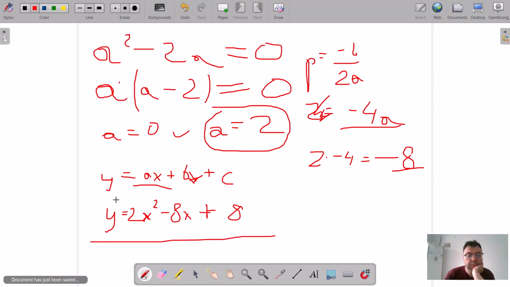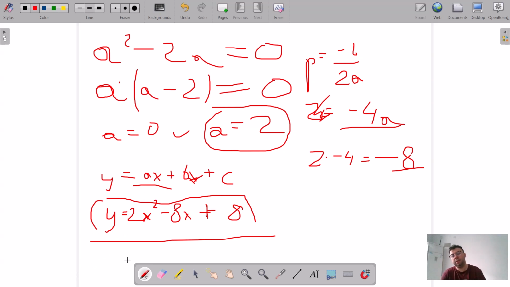A little long, but we found another method to get the general formula, okay? So that's how we solve it: y equals 2x squared minus 8x plus 8. Exactly the same as the vertex formula, which was y equals 2 times (x minus 2) squared.